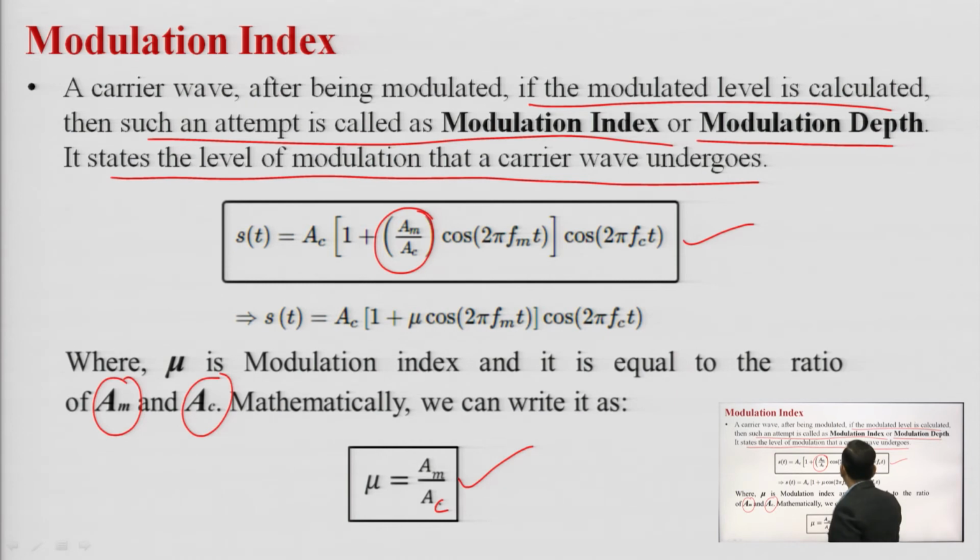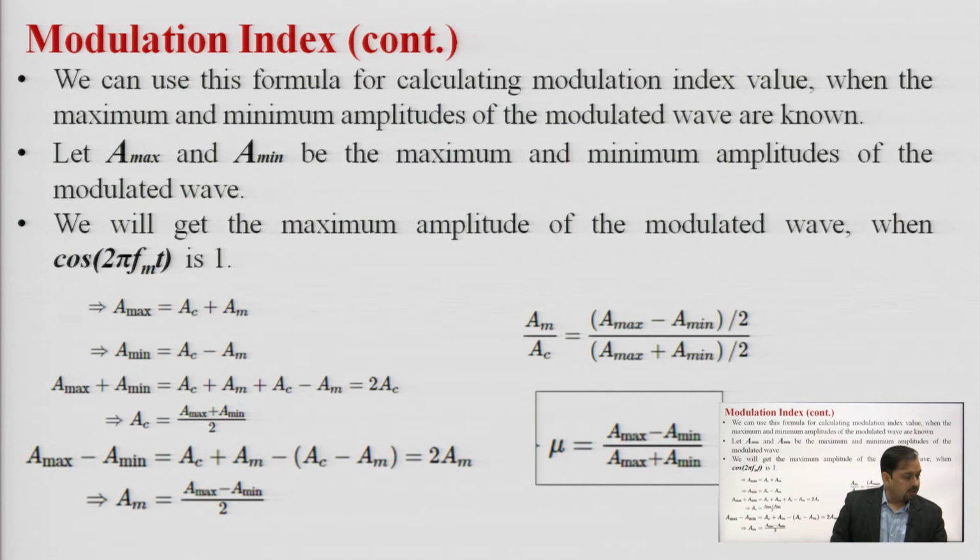So, we are going to utilize this equation, which says s(t) equals AC (1 plus mu cos 2 pi fm t) cos 2 pi fc t. Now we will use this equation for calculation of the modulation index.